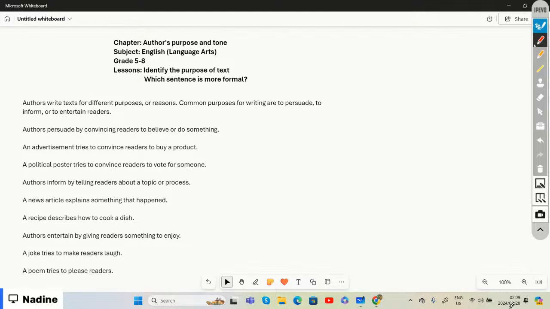Once again, authors write their texts for different purposes or reasons. The common purposes for writing are to persuade, to inform, or to entertain the readers. Those are the reasons why authors write different texts.